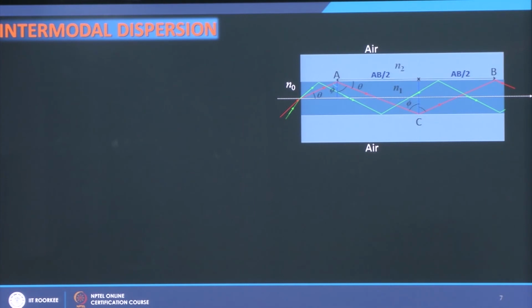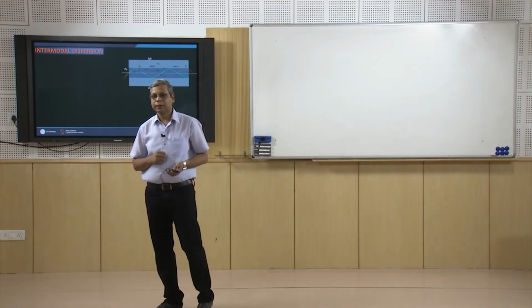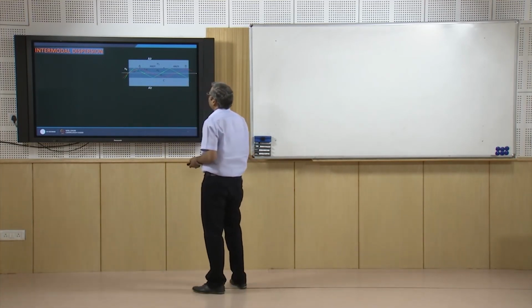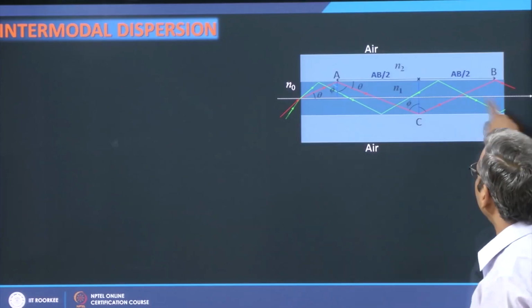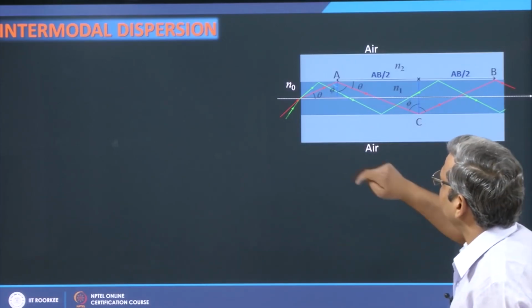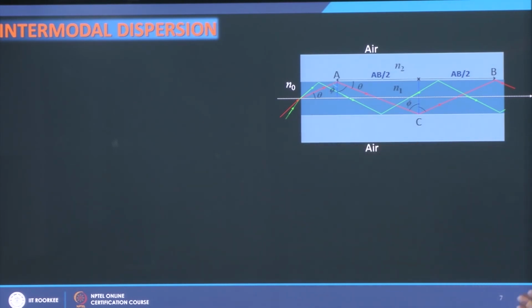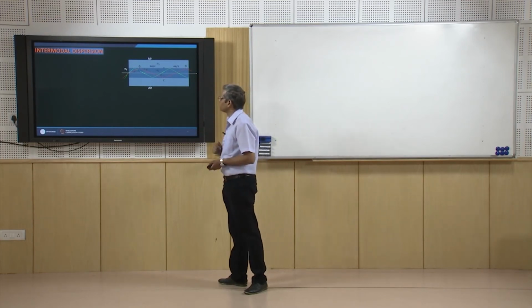Let us now find out how much broadening happens due to this intermodal dispersion. So, I have again 3 rays here, the white one which is the axial ray, then there is the green one and the red one. So, there can be several rays, various rays like this.